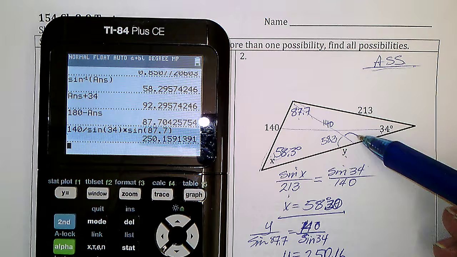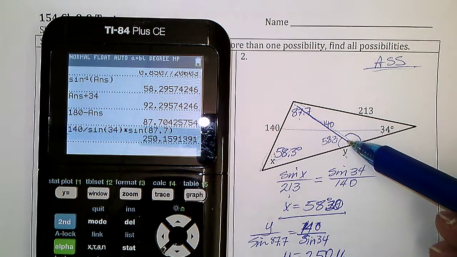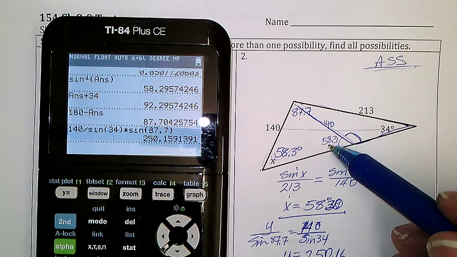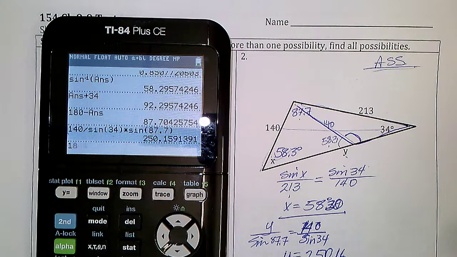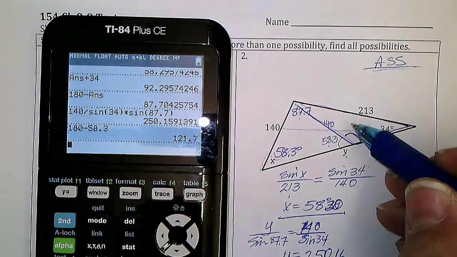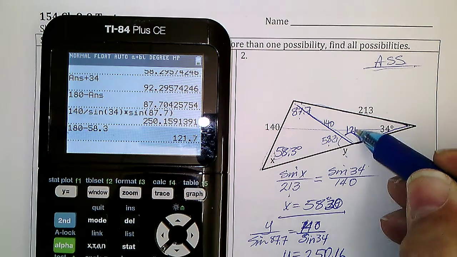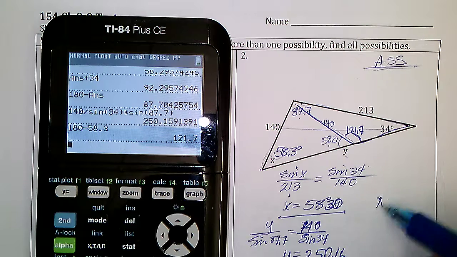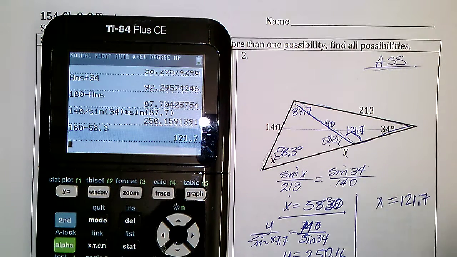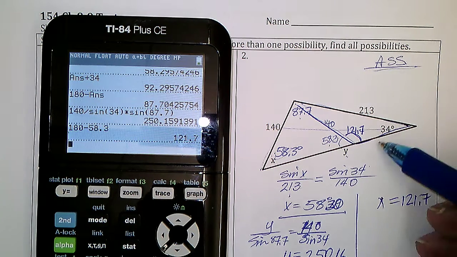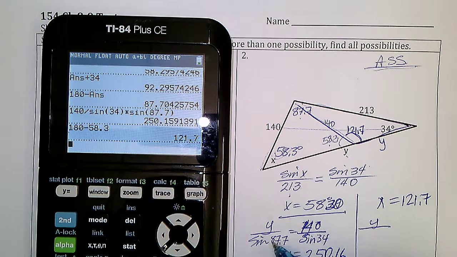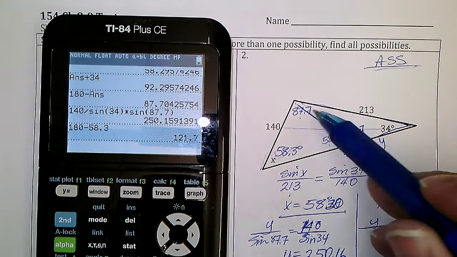And the actual angle in this other possible triangle would be here, which is 180 minus the 58.3, which is 121.7. So x could also be 121.7.